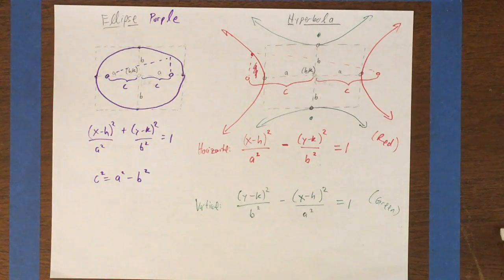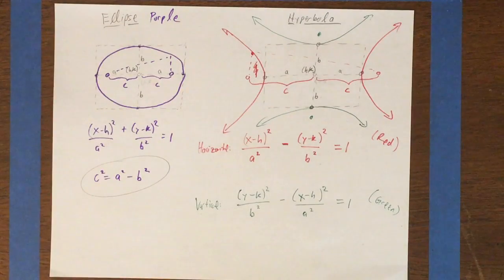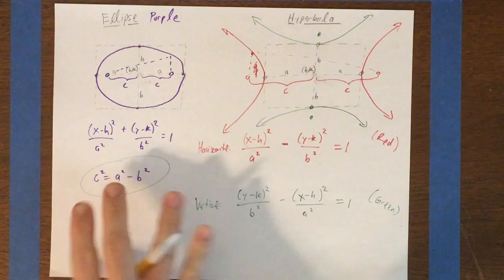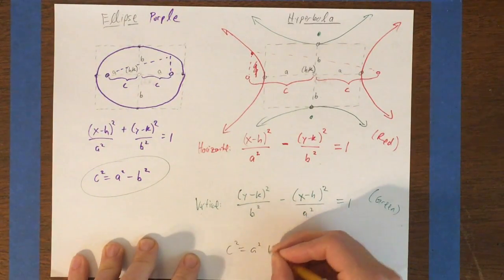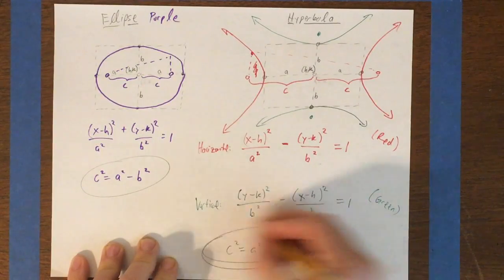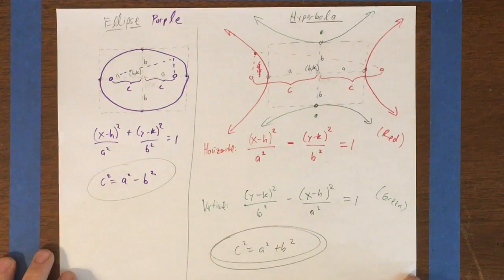In either case, there's a relationship like we had over here, where c squared is a squared minus b squared for an ellipse. It turns out that changes for a hyperbola, and we get c squared is a squared plus b squared for a hyperbola. So yeah, everything kind of changes.